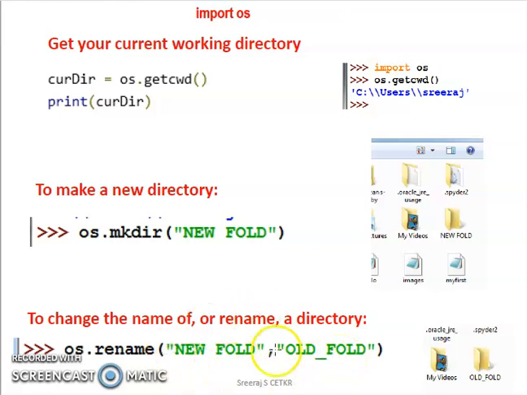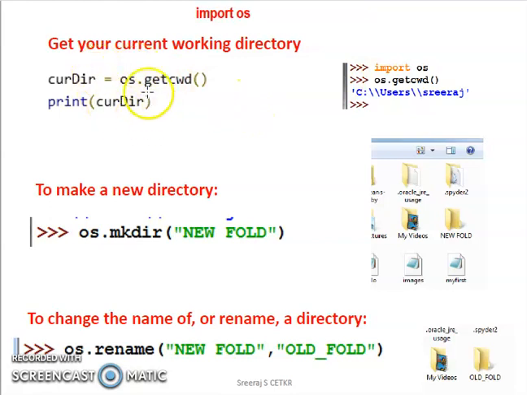First it will locate the folder with the first name, and it will be changed to the name mentioned as the second parameter. That is the use of the rename function. All these functions are invoked using os.getcwd.